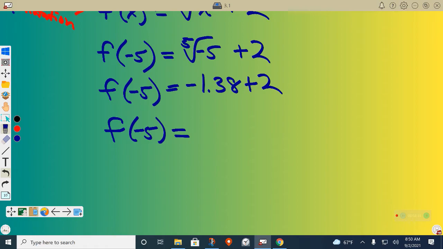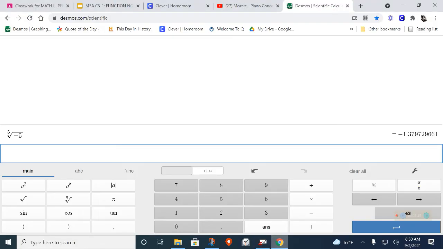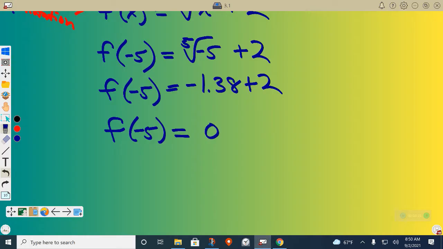Let me let my calculator do that because I'm horrible at mental math. 2 plus -1.38, I get 0.62. There it is. So the function at -5 is 0.62.